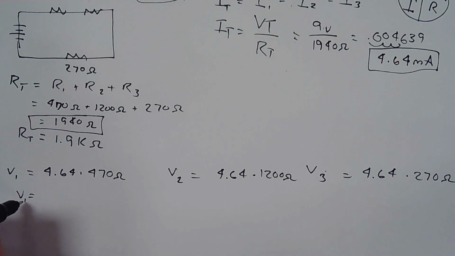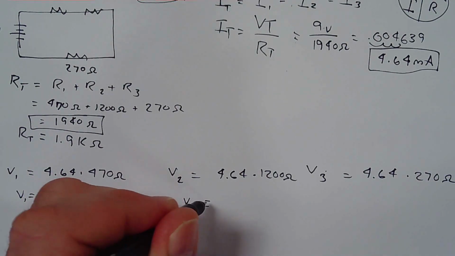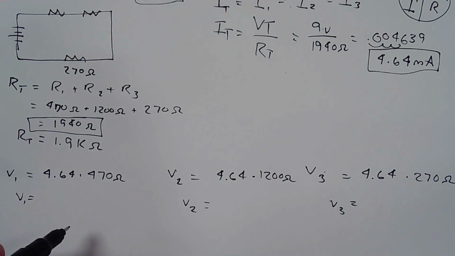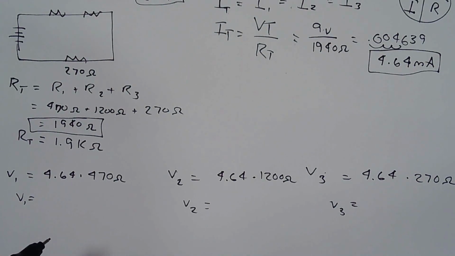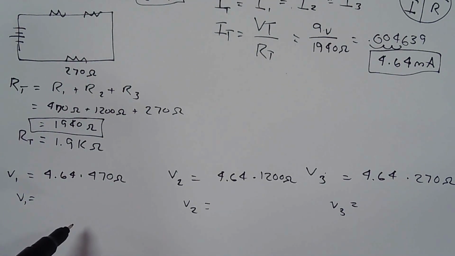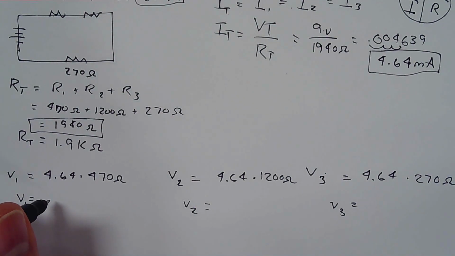So then my voltage at 1, voltage at 2, voltage at 3, I'll write it to the calculator. I'm going to memory store this number here so it's not rounded. And I'm going to multiply that by 470, and that's going to give me a voltage of 2.18 volts.